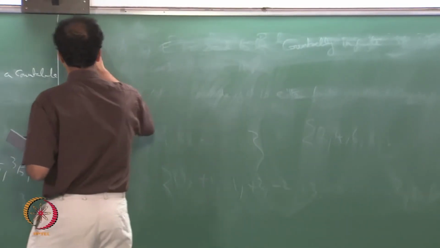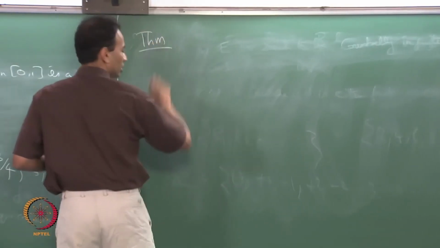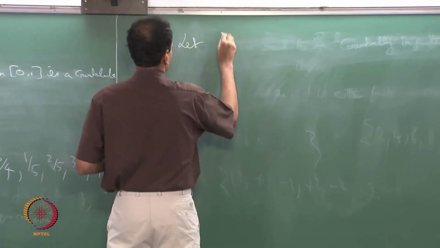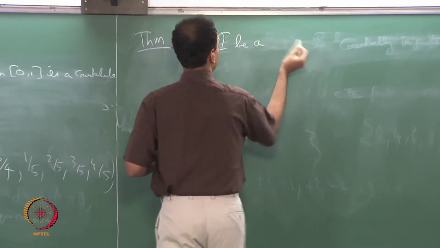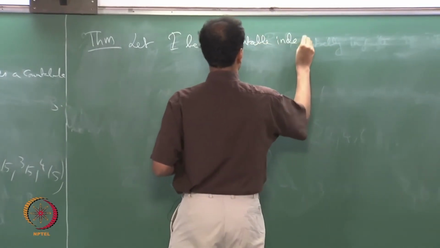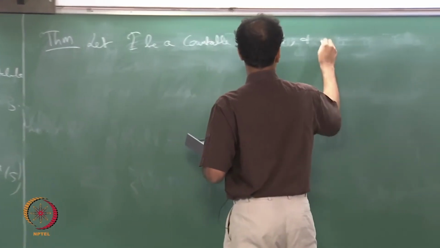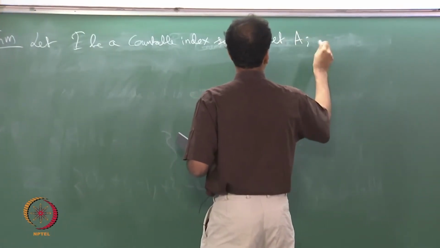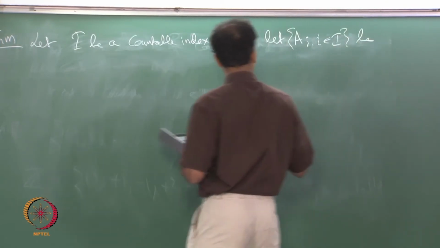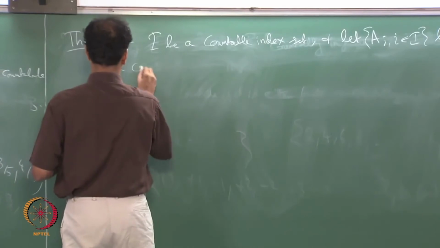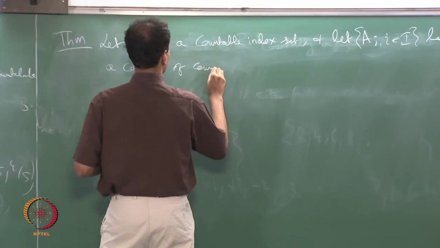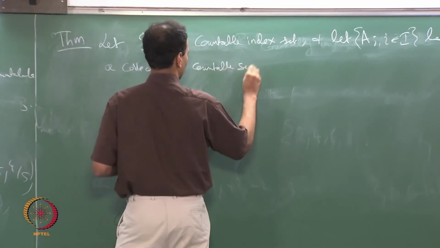Before we get there, I want to state a very important theorem without proof. Let I be a countable index set and let A_i, i belonging to I, be a collection of countable sets.